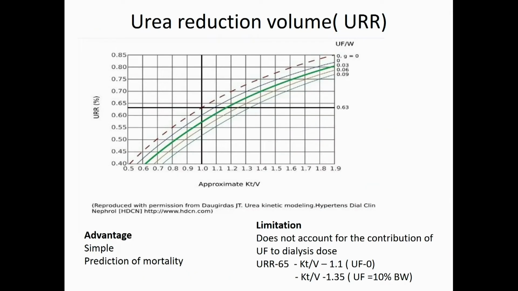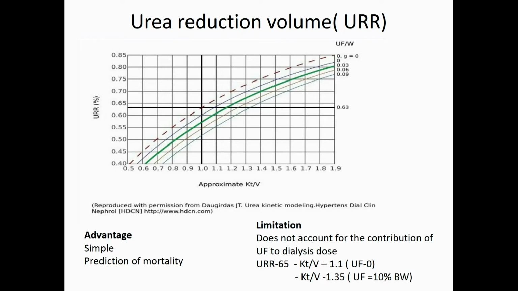If there is a 65% URR, it is almost equivalent to a Kt/V of 1.2. If you don't want to calculate Kt/V completely, and you are just doing a URR calculation, a URR of 65% without any ultrafiltration comes to around 1.1.